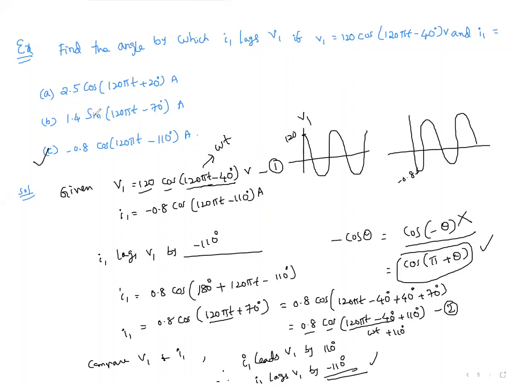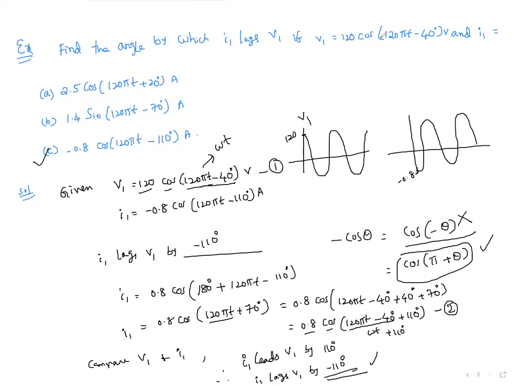If you want cos here, you need to take what to take? Yes, 90 minus theta. No, if you take minus theta, what will become here? Minus will come. So instead of that, try to change V1 into sine.